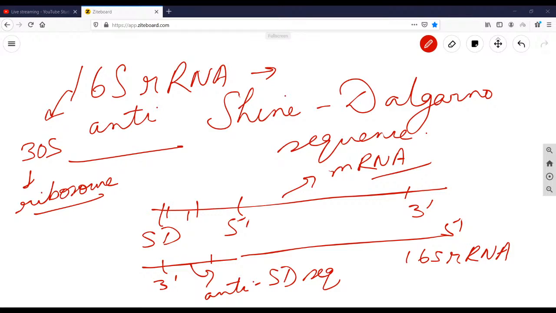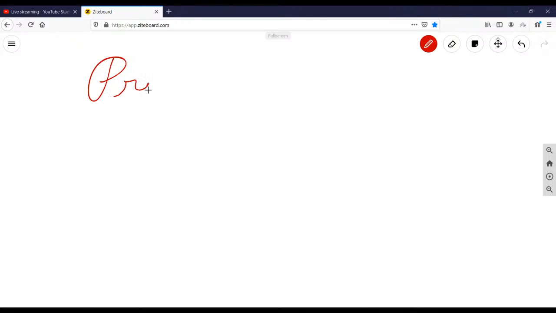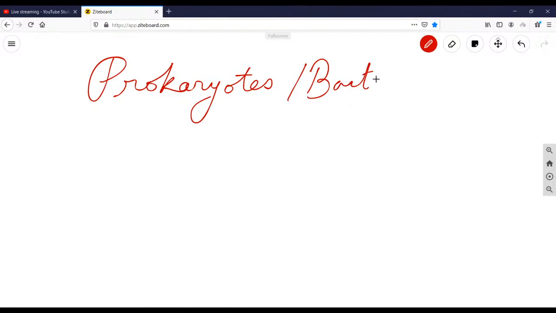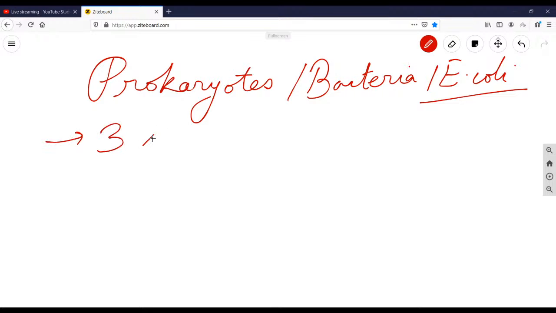Now prokaryotes use three initiation factors. Three initiation factors are the main ones used in the prokaryotic system, meaning the bacteria. The model organism is the gram-negative bacterium Escherichia coli. They are proteins, right?